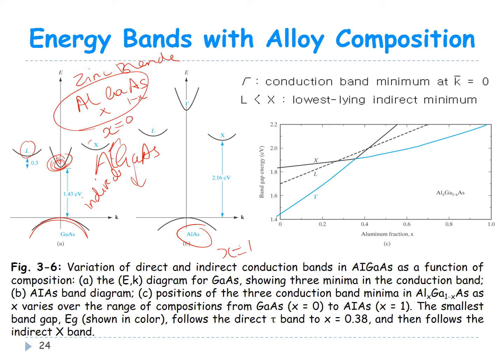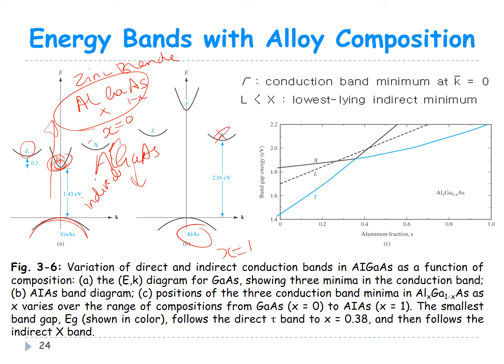the conduction band minimum gamma actually moves up further away from the valence band maximum, such that by the time you get to aluminum arsenide, it is the minimum chi that is the lowest.